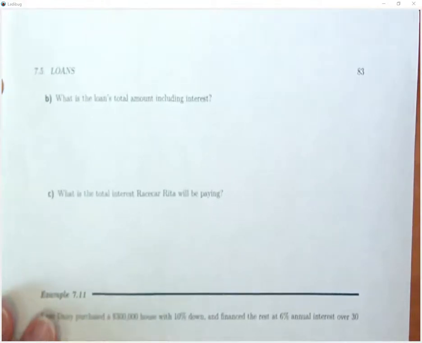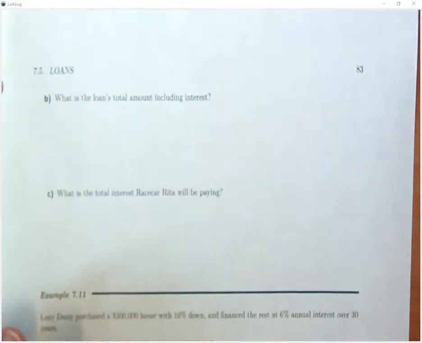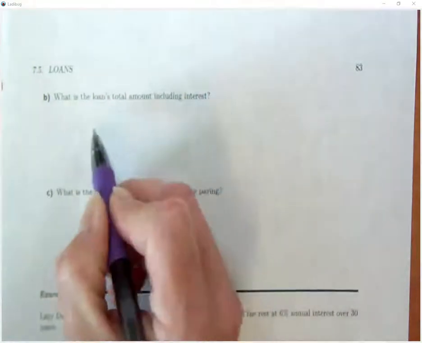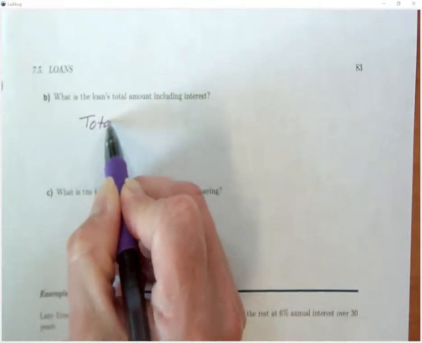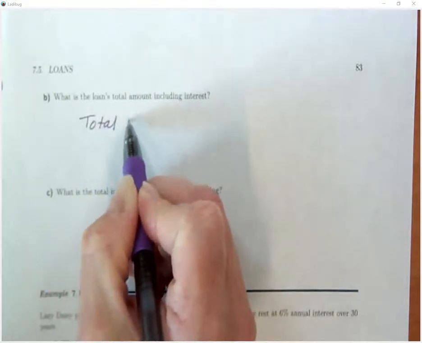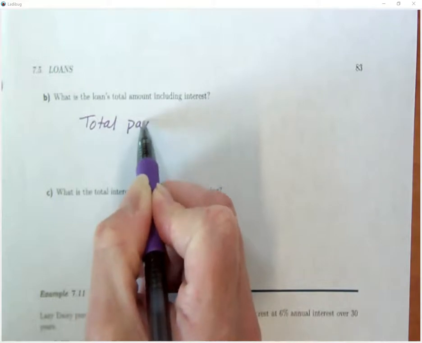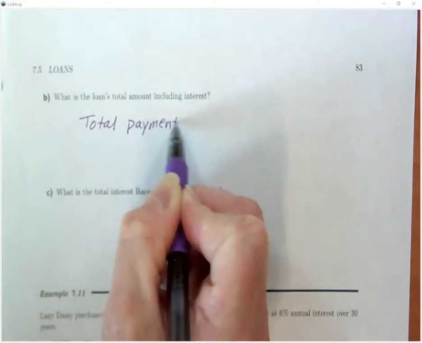The total amount including interest is how much in total payments is she actually making, excuse me. So that's what you're going to figure out here, and we talked about that before with a different problem.